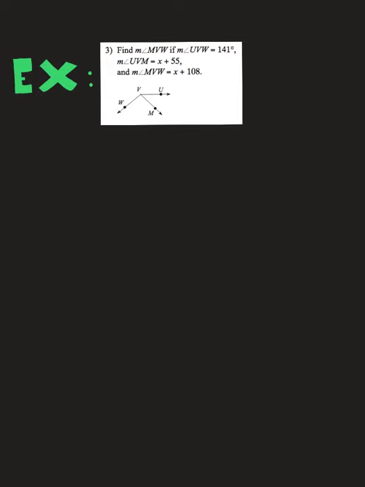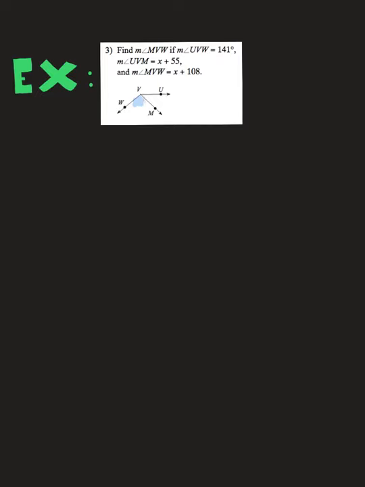Okay, so this example is asking us to find the measure of angle MVW, if the measure of angle UVW is 141, the measure of UVM is equal to X plus 55, and the measure of angle MVW is equal to X plus 108. Again, we're going to label everything here, it's a little bit easier.